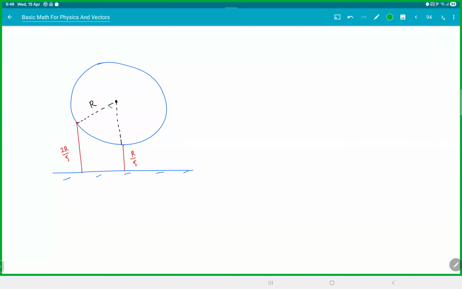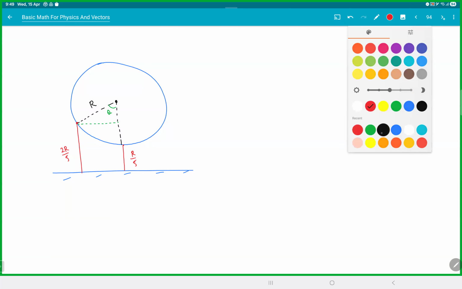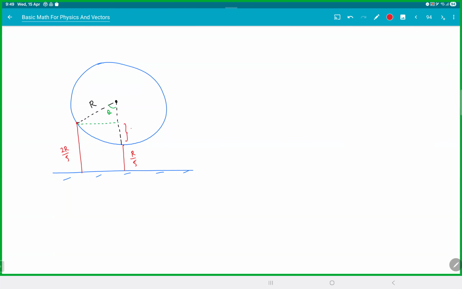Now, if you take this angle to be theta, it will be the same angle theta. I'll show you how you'll get that. Let's say that is theta. So how much will this length be? You can clearly see this length must also be r by 5. If that is r by 5 and the total height is r, I didn't draw it to scale properly, but then this length must be 4r by 5. Is that making sense?